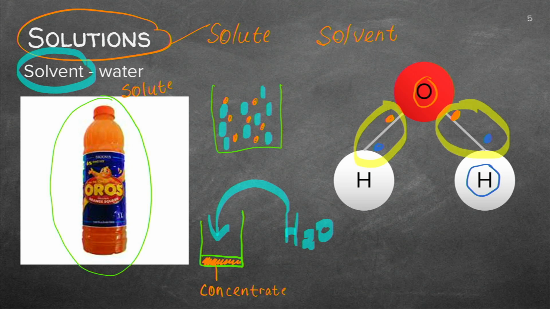And what you learn in later chemistry, you'll see that those two electrons will not be equally shared between the oxygen and the hydrogen. It will actually be nearer to the oxygen. So it will be probably nearer there.